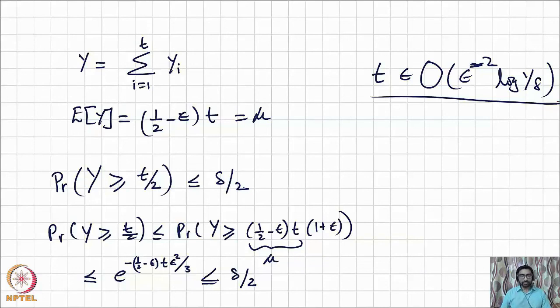And finally, we have looked at the problem of finding the median and approximate median from the stream using a very small amount of memory, in particular O of epsilon to the minus 2 times log 1 over delta memory and a single pass to find an epsilon approximate median in our stream.